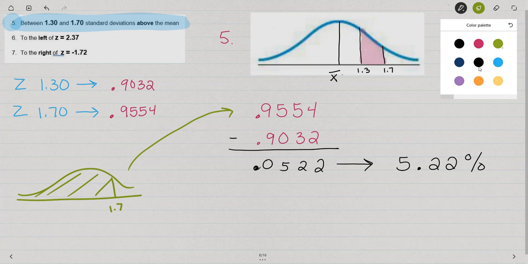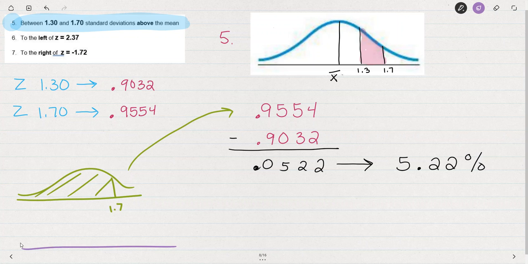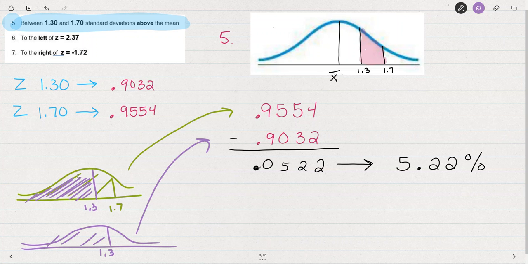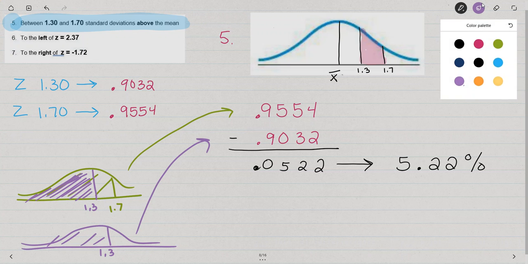And then when I found the area for a z-score of 1.3, I got 0.9032. And do you see that what I would need to do, if I drew those together, if I put my 1.3 here, so I'm transposing my purple onto that green, do you see that what I'm trying to find is this area between them?